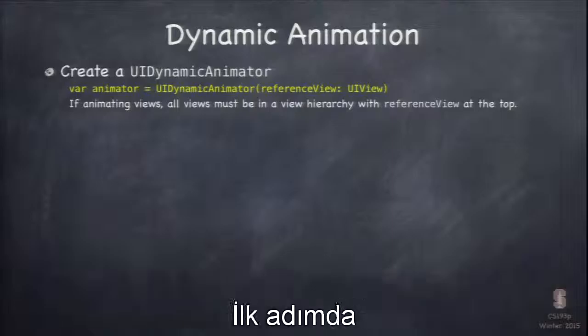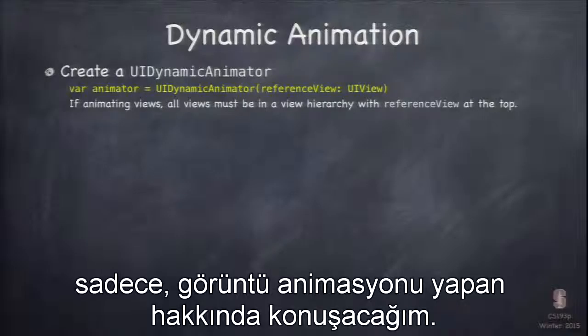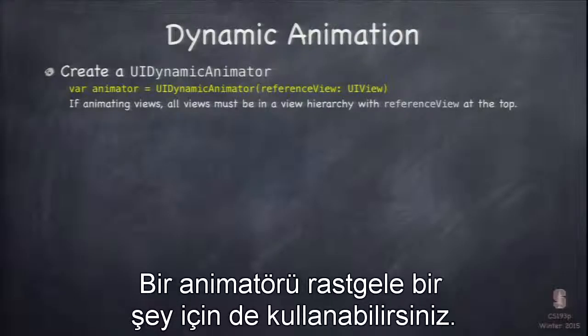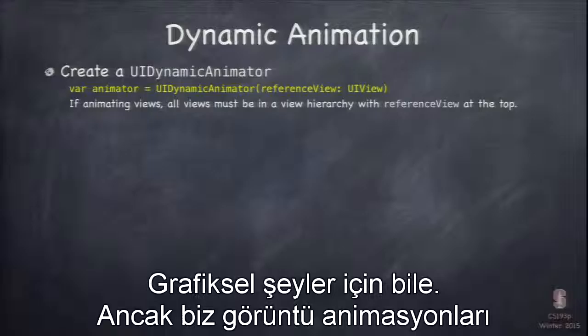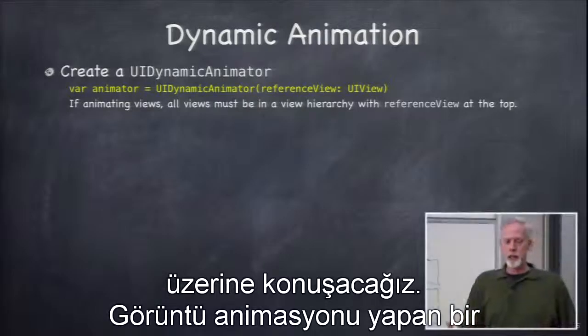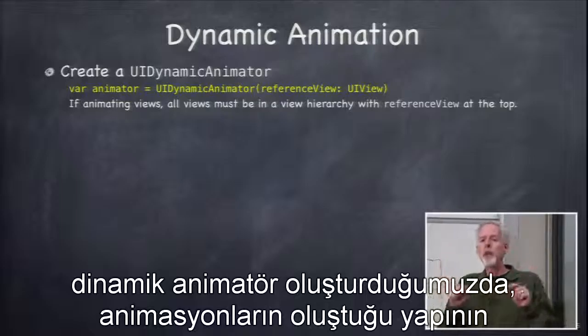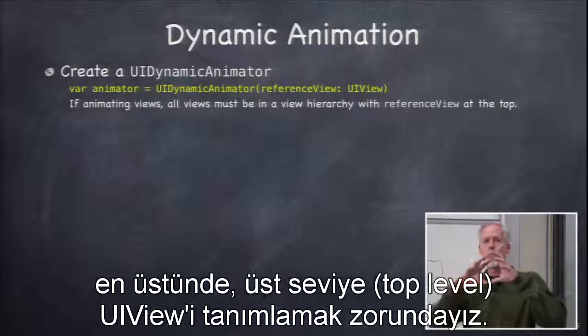So let's look at these steps. The first step is you need to create a UIDynamicAnimator. And the dynamic animators we're going to use, I'm only going to talk about ones that animate views. You can actually use an animator to animate arbitrary things, okay? Not even graphical things. But we're only going to talk about animating views, okay? So when we create a dynamic animator that animates views, we have to specify the top level UIView, the view at the top of the view hierarchy where animations are occurring.